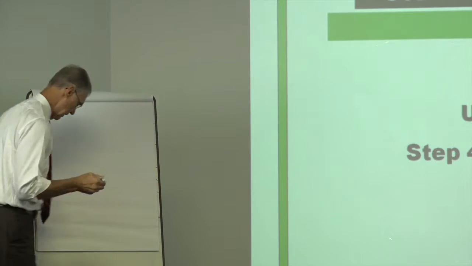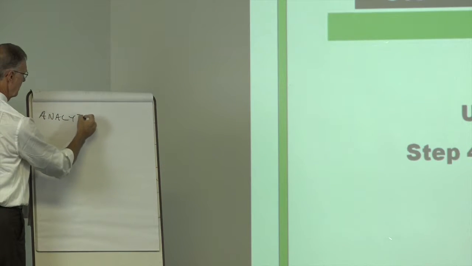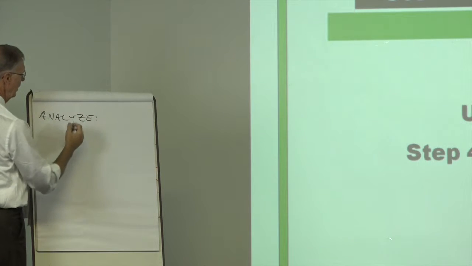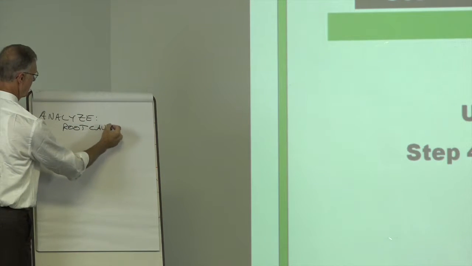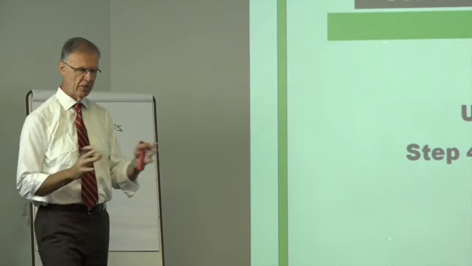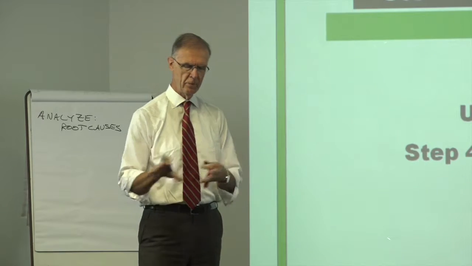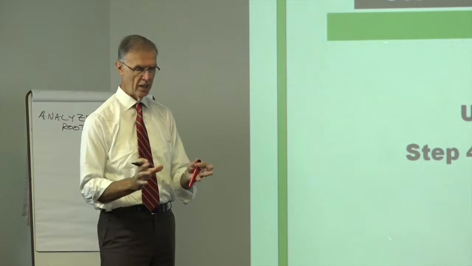Root cause. Okay, so in the analyze step, we are looking for root causes. We begin by identifying potential causes, and we complete the step by verifying the root causes.